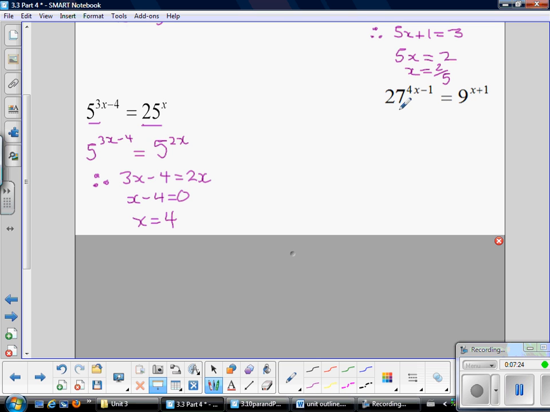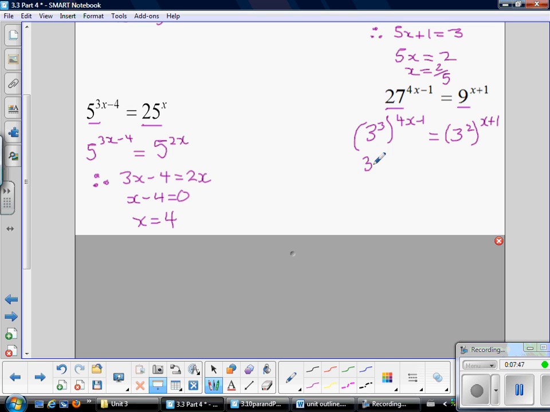Next one, very similar to the working example, I have 27 and 9. Again, I'm going to change them to bases of 3. So 3 cubed is the same as 27. And 9 is the same as 3 squared. And that's to the x plus 1. Use my power to power rule.